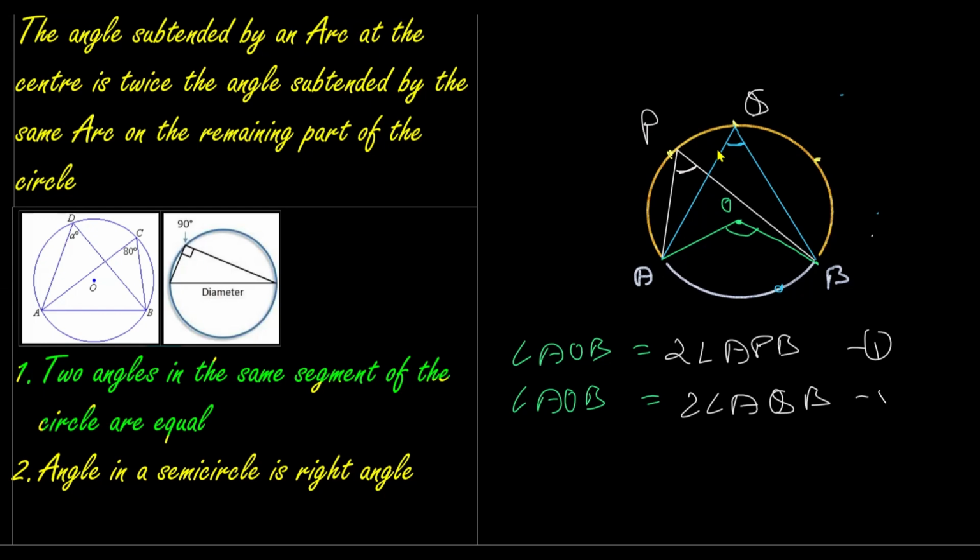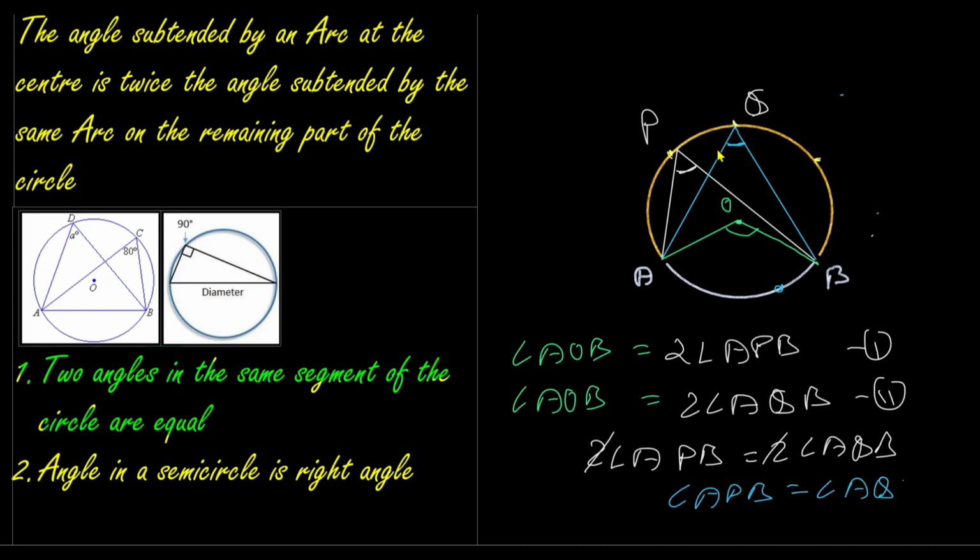Now from these two equations, you can see their LHS are the same. So twice angle APB is equal to twice angle AQB. If I cancel this 2, you can figure out that angle APB is equal to angle AQB. This is the first one.